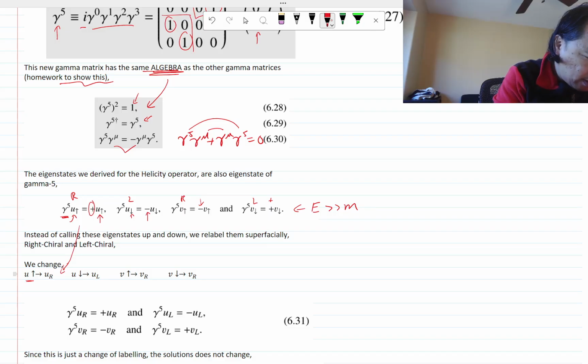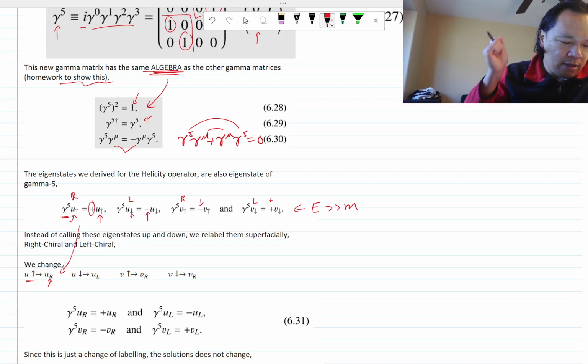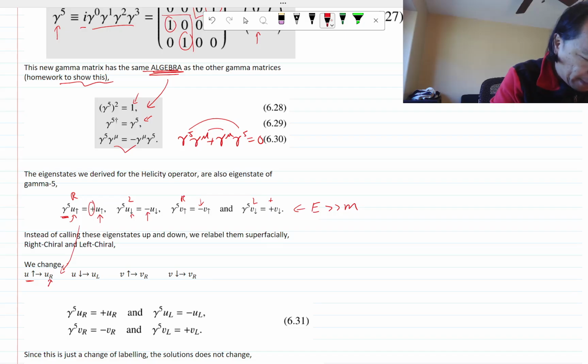Let's just call the right-handed helicity spinor U sub R. This is the reason why Thomson and everyone else who writes a particle physics textbook stays away from labeling these eigenstate spinors U sub R, U sub L, until this point. And the left-handed helicity, which is labeled with this down arrow, we're going to label as U sub L.